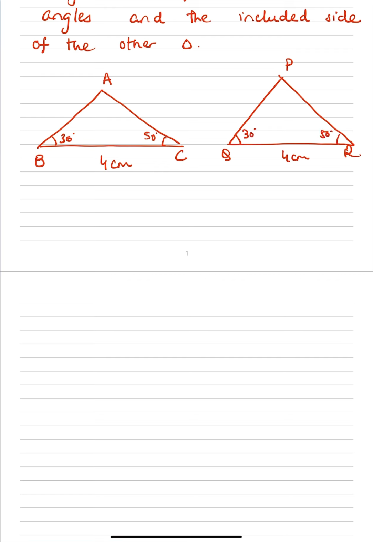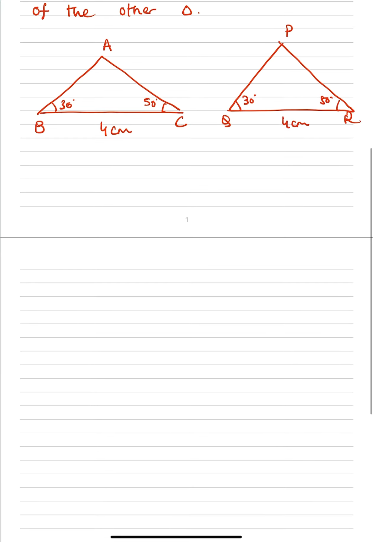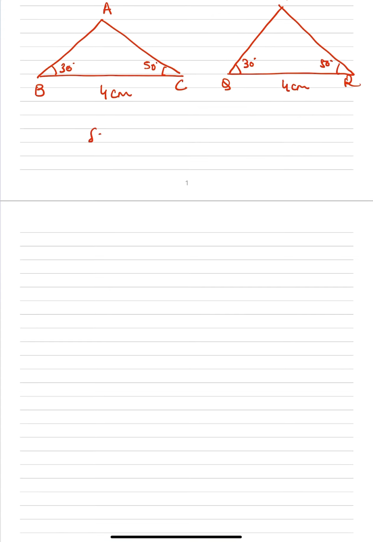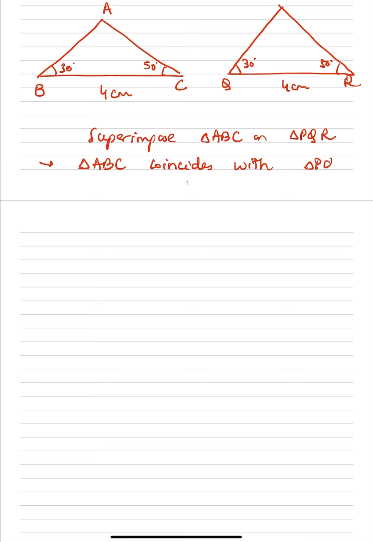Now what will we do? We will trace a copy of triangle ABC and superimpose it on triangle PQR. What result will we have? We will see that triangle ABC coincides with triangle PQR.